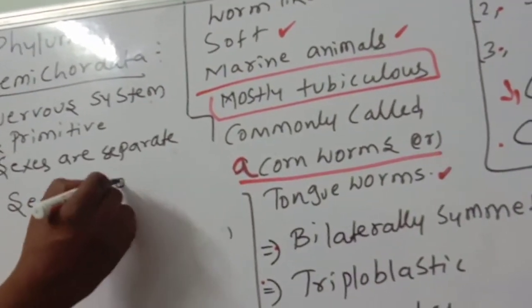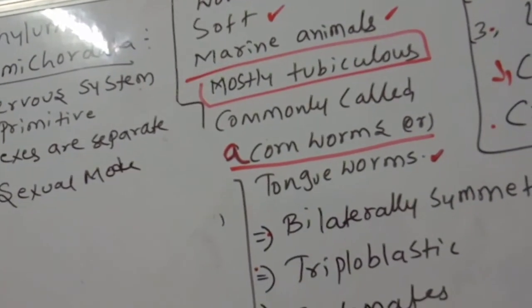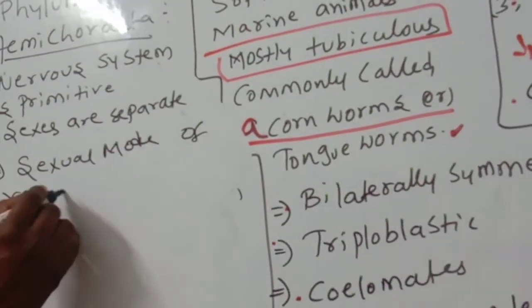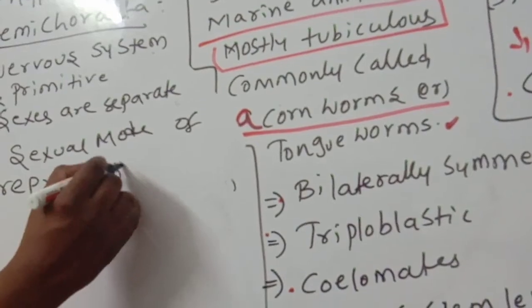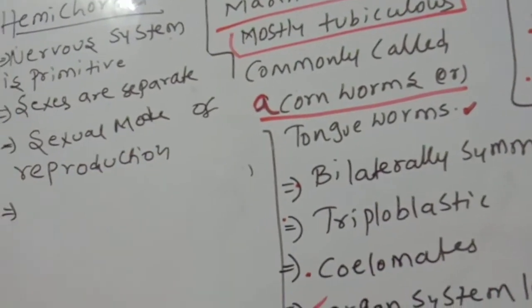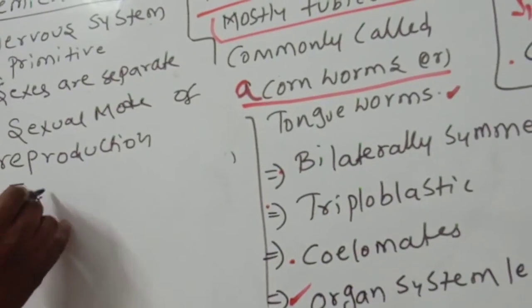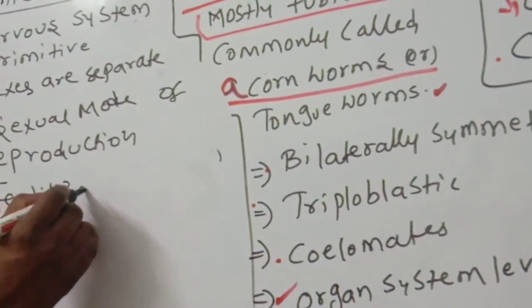Male and female gametes are involved in reproduction. Male and female gametes joining together is called fertilization.